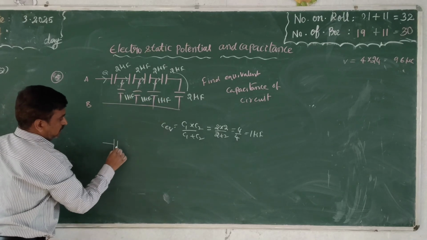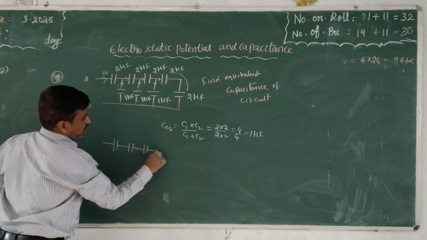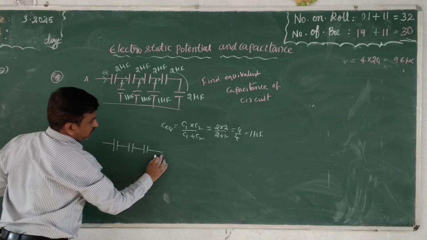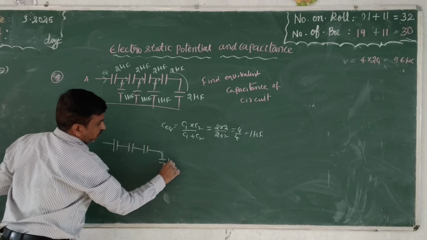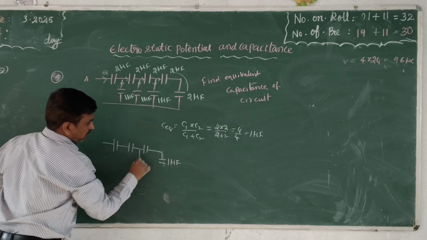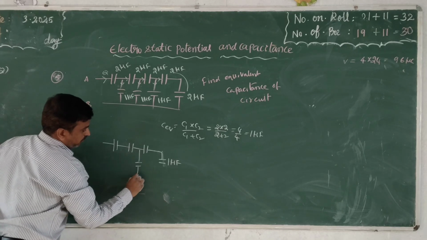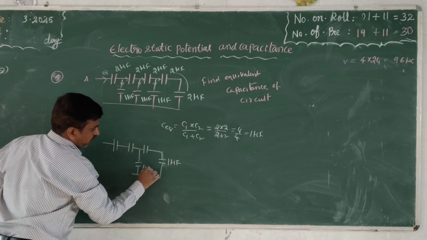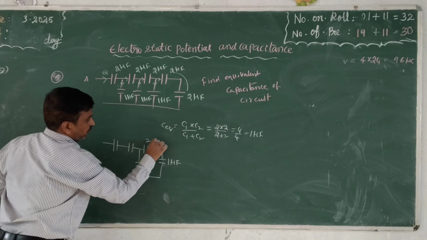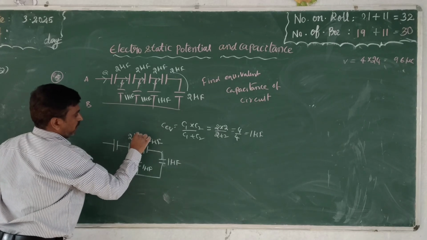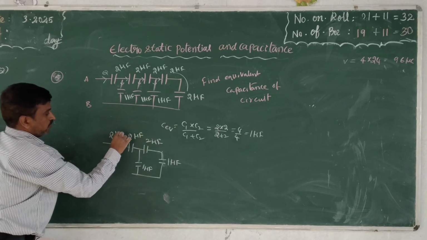See, it is the circuit. This resultant we are getting is 1 microfarad. Here it is 1 microfarad again, and 2 microfarads, 2 microfarads, 2 microfarads.